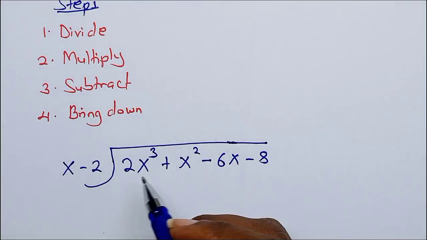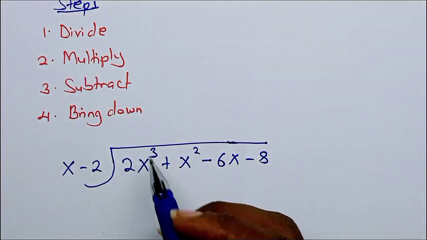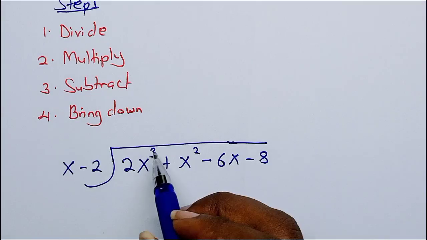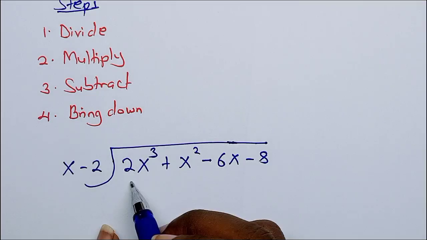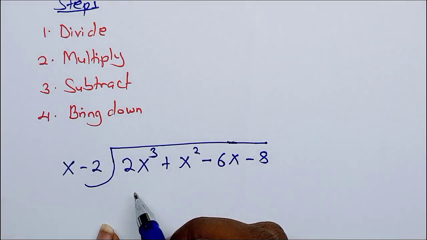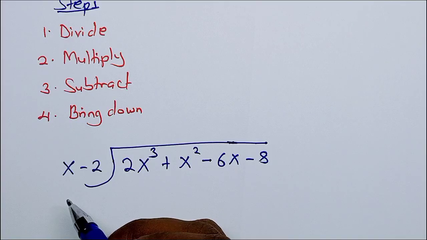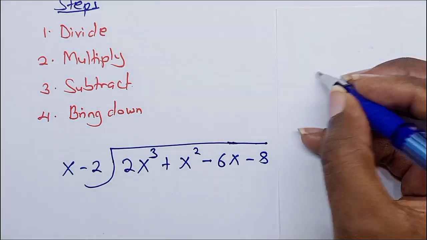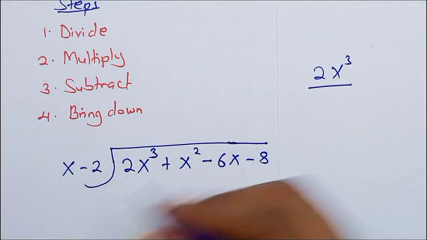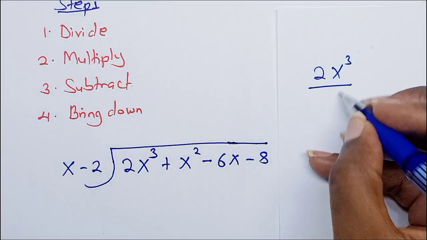Now what we're going to do first is to divide. We get the first term of the dividend, which is 2x cubed, and divide it by the first term of the divisor, which is x.